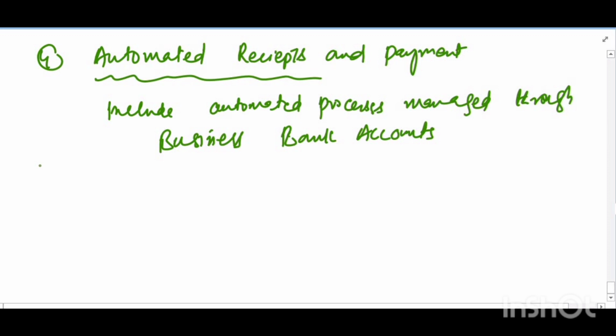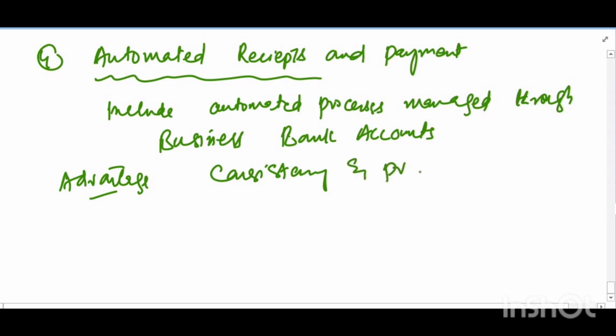Now what are the advantages and disadvantages of this method? The first advantage of this method is consistency and predictability.